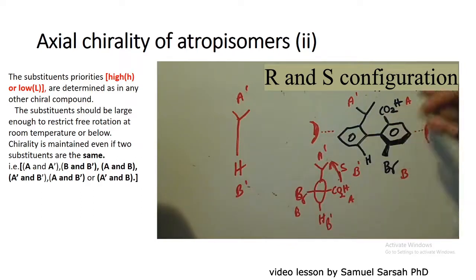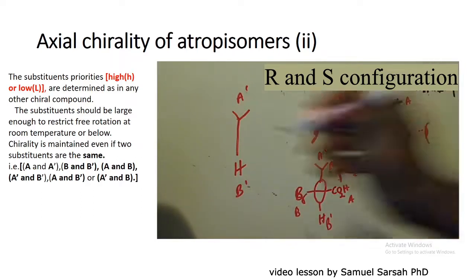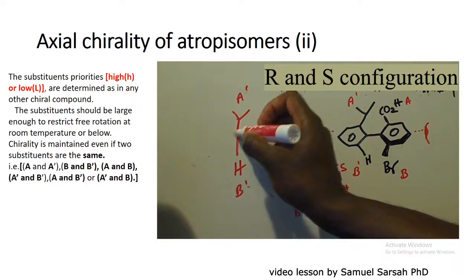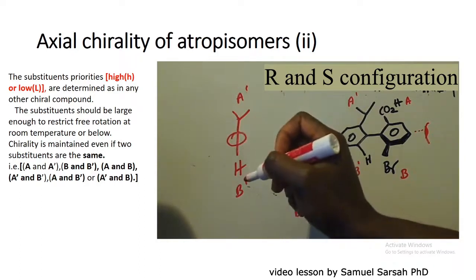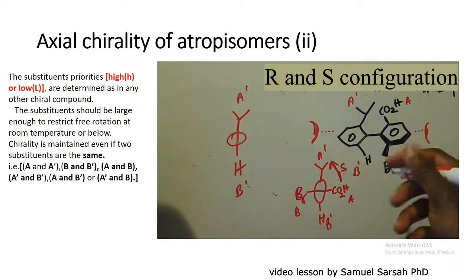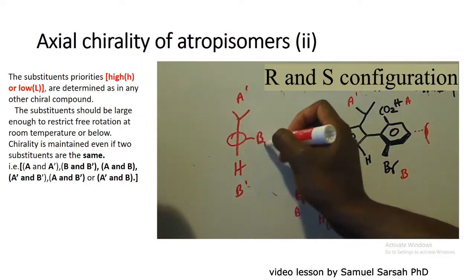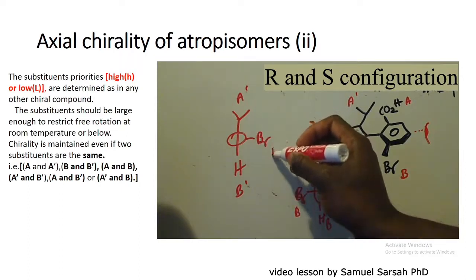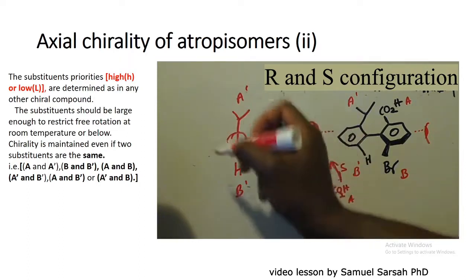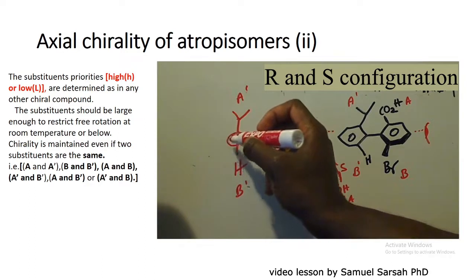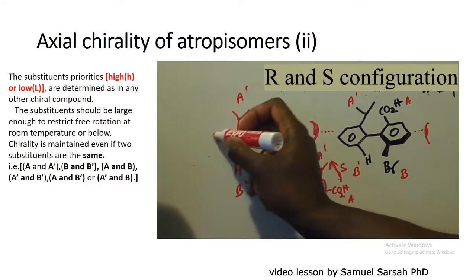And then the A and B will be behind. I'll see B to my right, and then A will be to my left.